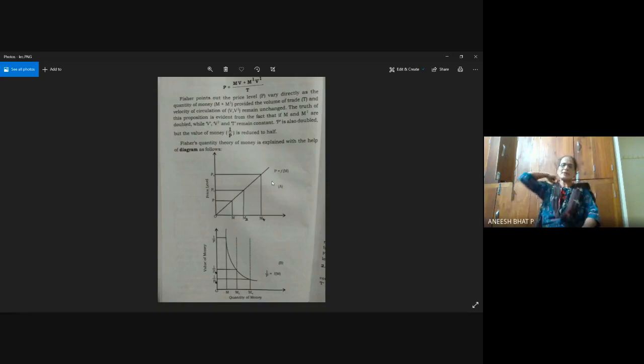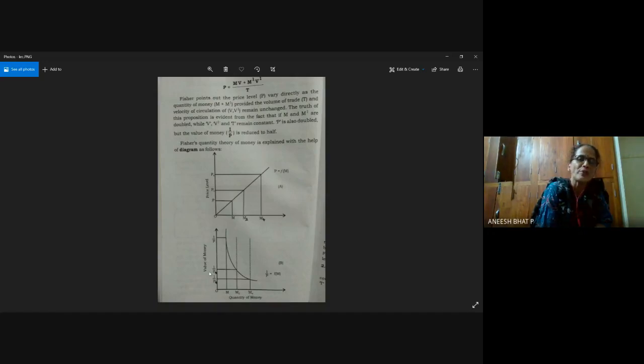It can be explained with the help of the next diagram. Look here in this diagram. On the OX axis, we are measuring quantity of money, total supply of money, or we can say quantity of money in circulation. On the OY axis, value of money.